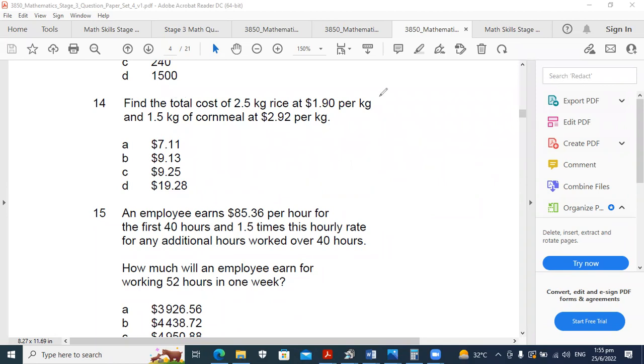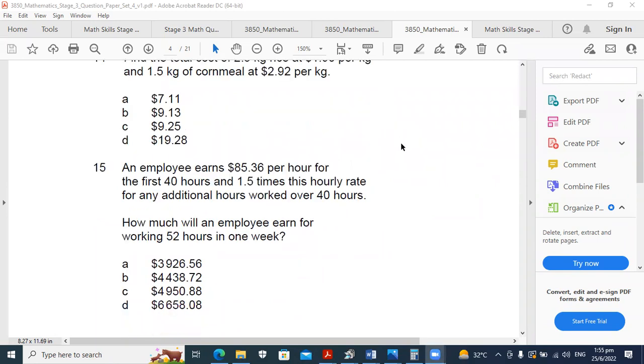All right, look at 15. This is basic wage.